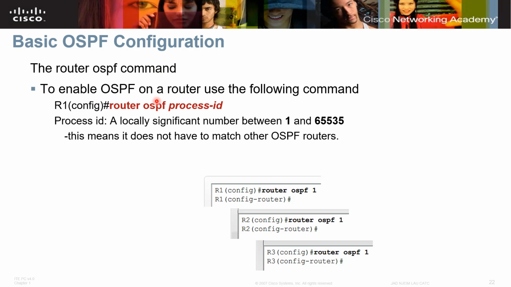To enable the OSPF protocol in a specific router, we just run the command router ospf and identify the process ID, for example router ospf 1, router ospf 2, and so on. So I enable or start this protocol and identify just the process ID for this protocol to be run on a group of routers.